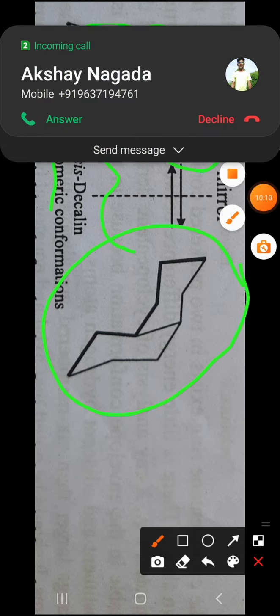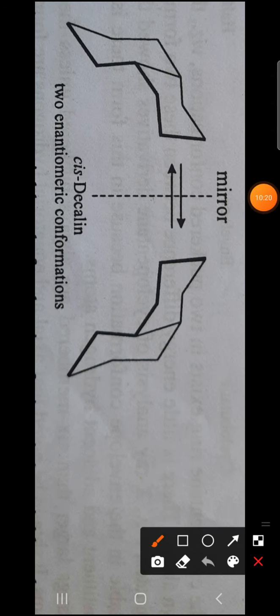So trans decalin involves two equatorial bonds for ring fusion, it is a rigid molecule and cannot undergo conformational flipping. And what is the structure of trans decalin? Like this.